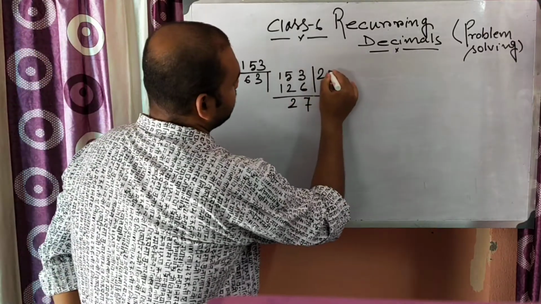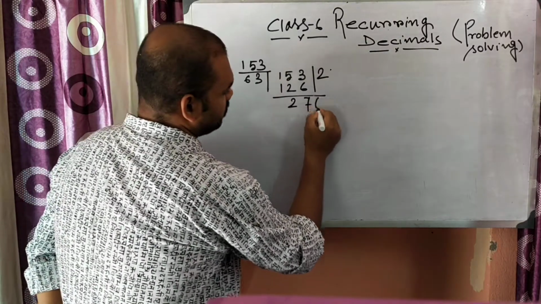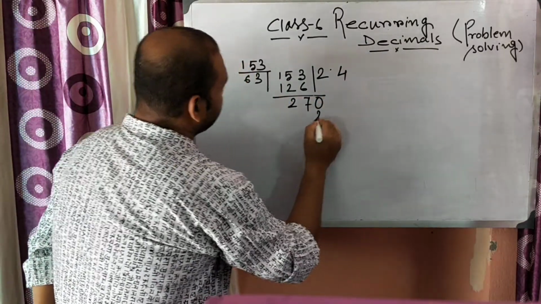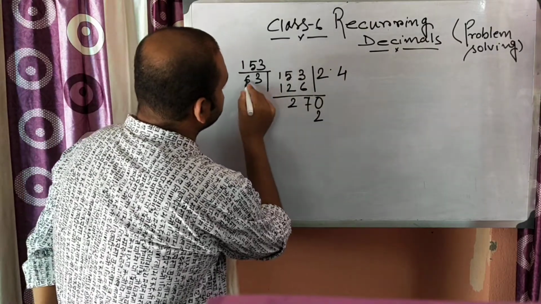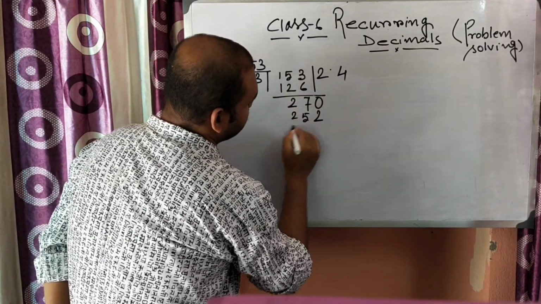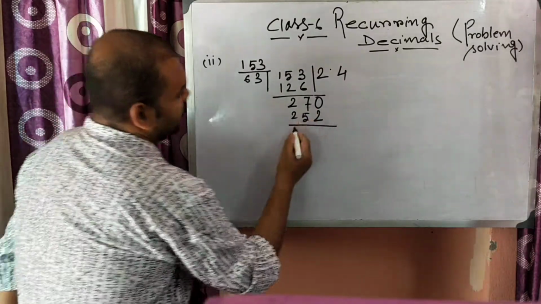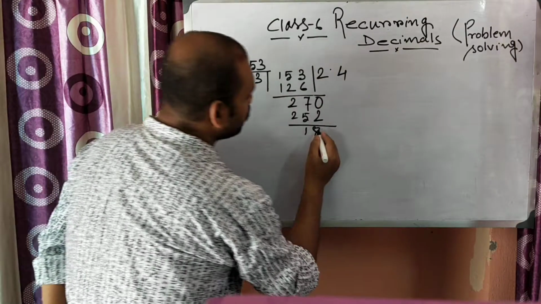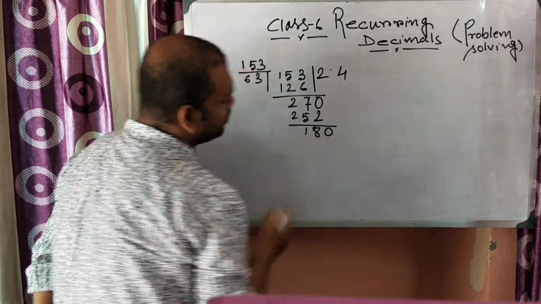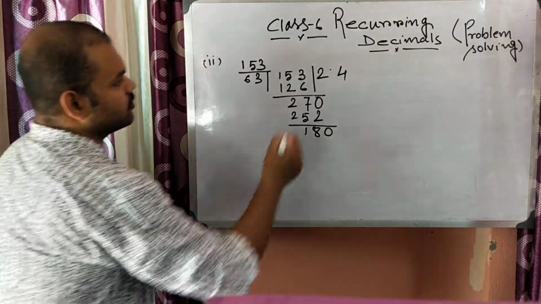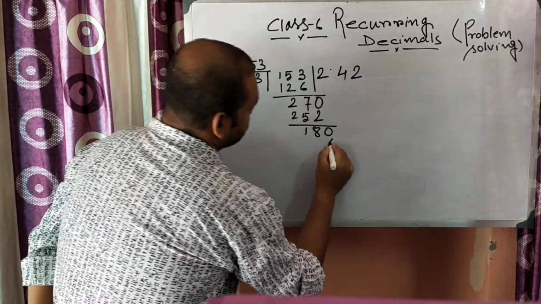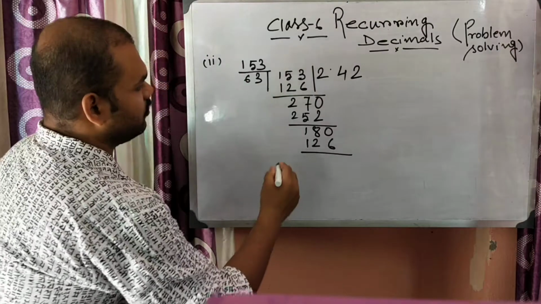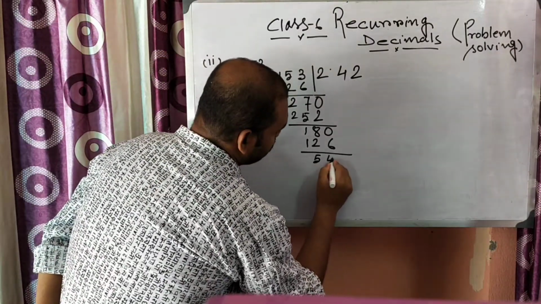Then bring a point here so that we can put 0 over here. So 4 3s are 12, 4 6s are 24, 25. So 18 came here. For this point bring 1 0 over here. So 2 6s are 12. So we can bring 54 here.